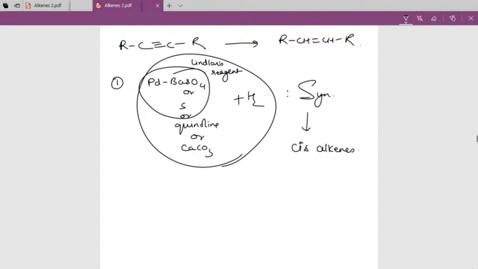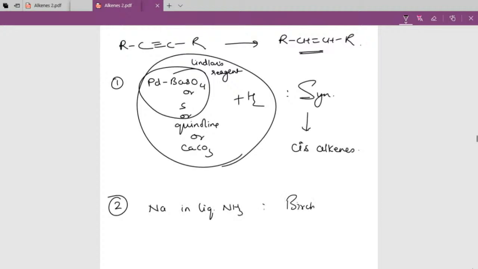We are decreasing the surface area of our catalyst, thereby making it less efficient towards the hydrogenation reaction, and it goes only till alkenes and it stops further. Is it okay? So by using the same metal hydrogen type combination but a poisoned catalyst, the answers stop at cis alkenes. If we want to make trans alkene, we use sodium in liquid ammonia.